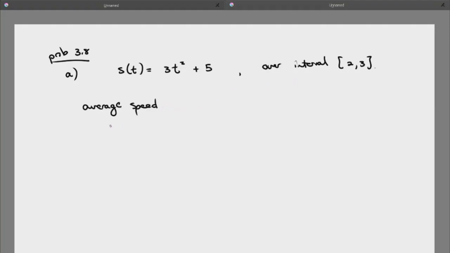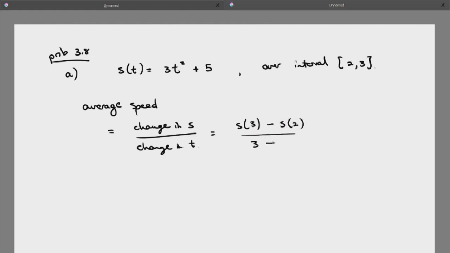Over this interval, that is the change in my y variable over change in my quote-unquote x variable. So it's the later function value, so function value at 3 minus function value at 2 over the difference in the time values.